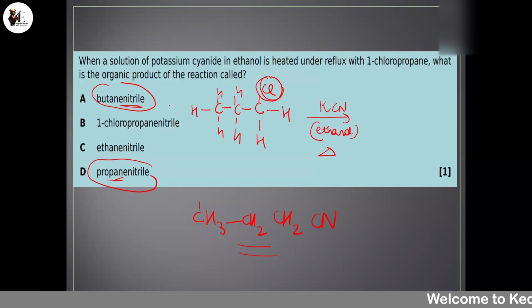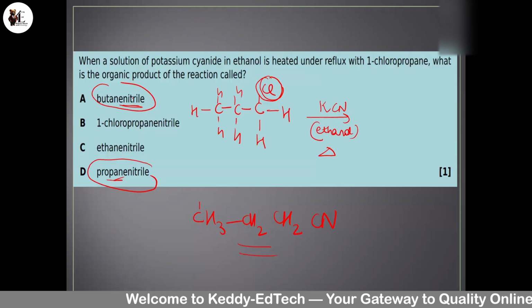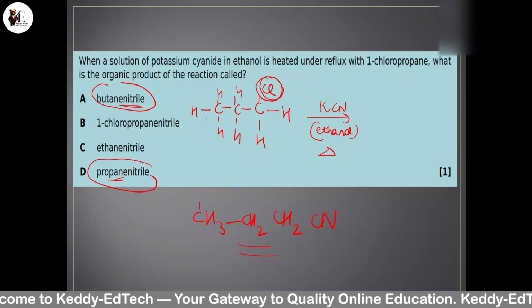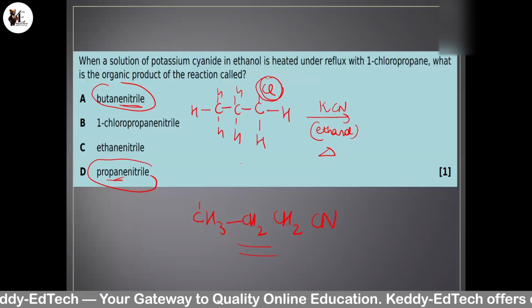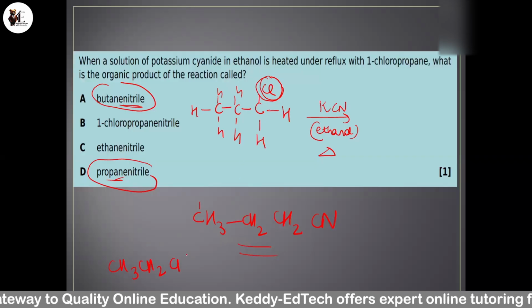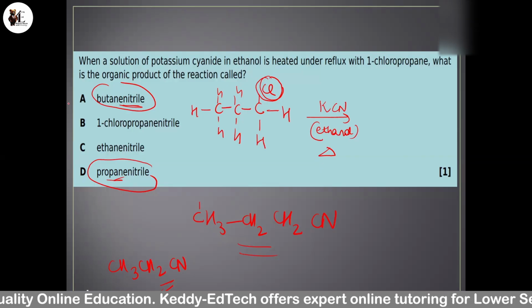There are 4 carbon atoms now, and the root word for 4 carbon atoms is butane. Okay, so it is butane nitrile, not propane nitrile. Propane nitrile is CH3, CH2, CN. So the answer should be A.